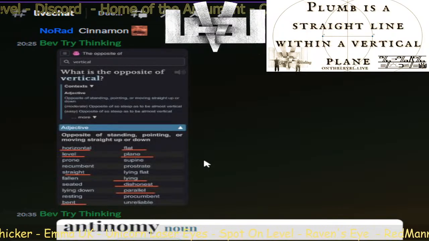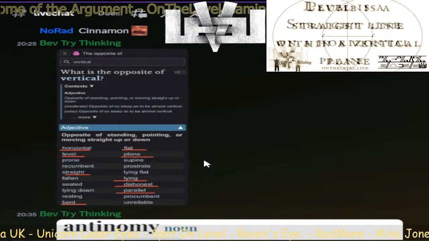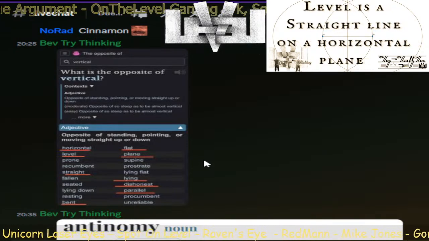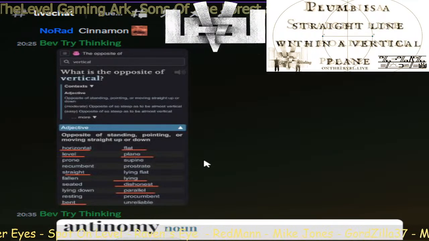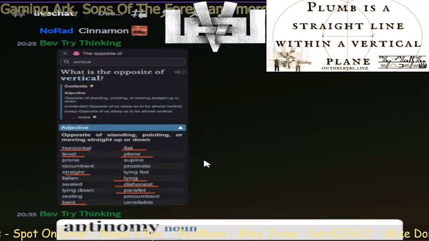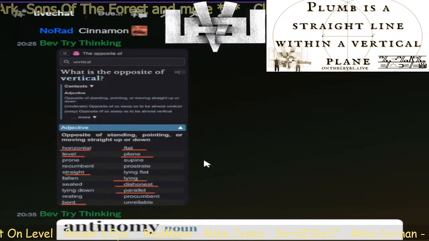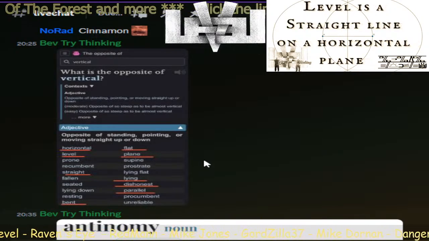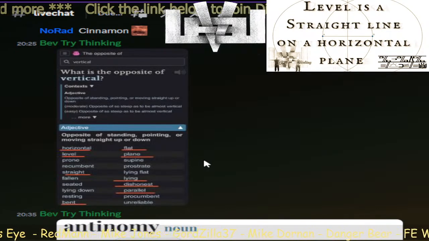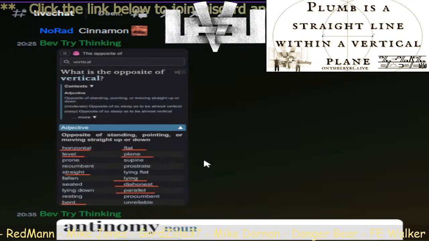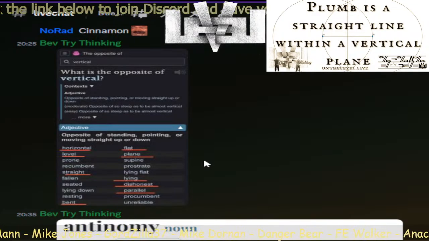So only horizontal and level are in opposition to vertical, because these descriptions, horizontal and level, are talking about orientation. Flat is not talking about orientation, and plane is not talking about orientation. That's why flat and horizontal are not the same.